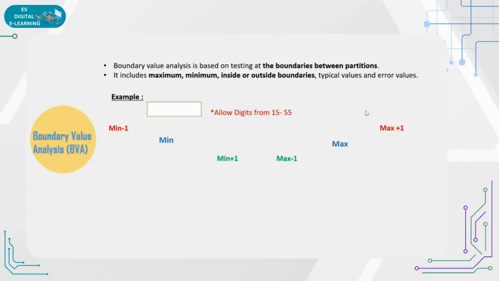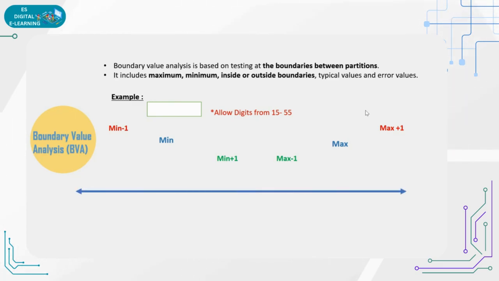What is the maximum plus 1? 56. So if I give 16, it is a pass, right? Yes, positive scenario. If I give 15, positive scenario. If I give 14, negative scenario.